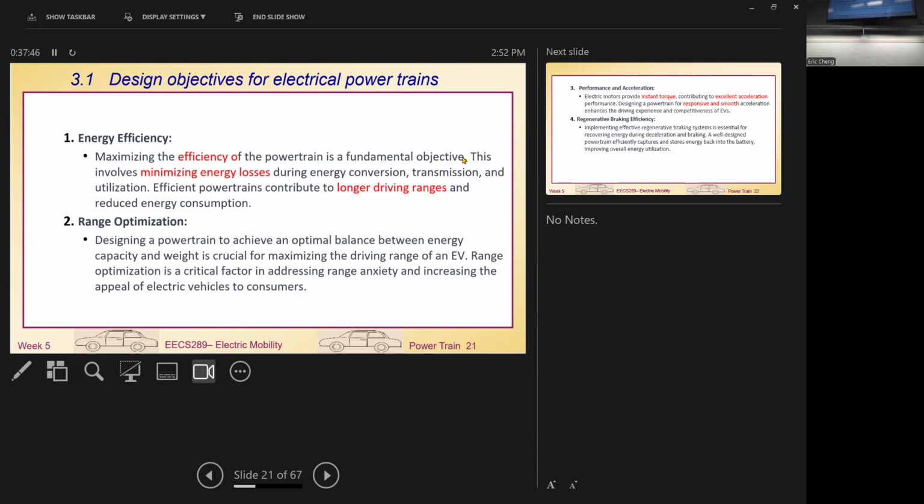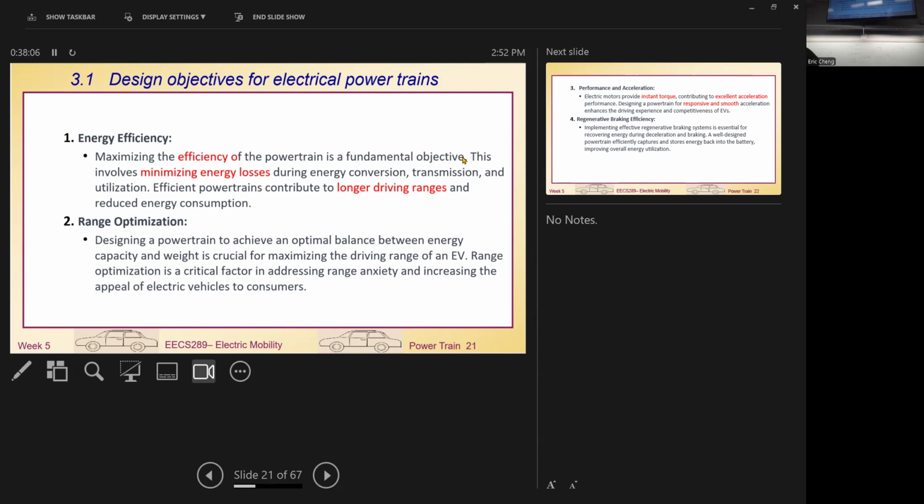And also range optimization, how to optimize the capacity and the weight of the vehicle. You see, today many vehicles can run for 300 miles. That's quite a standard norm. But if you want to increase the vehicle range to say 400 miles, maybe 500 miles, then you may need to put more battery there.